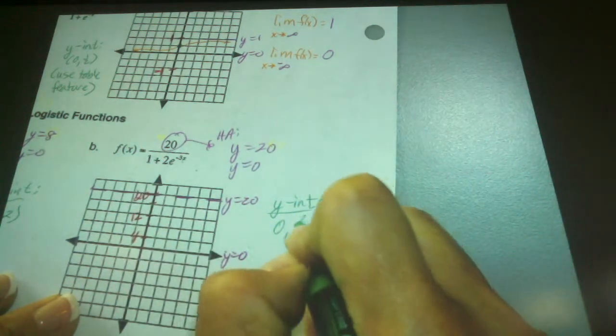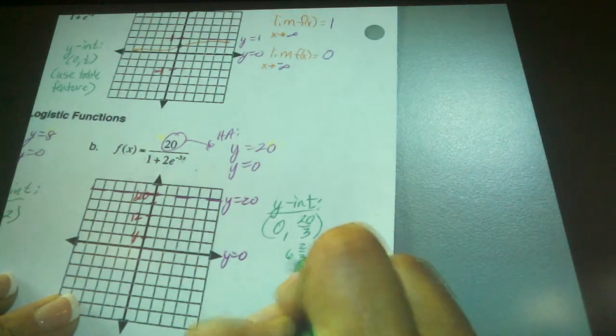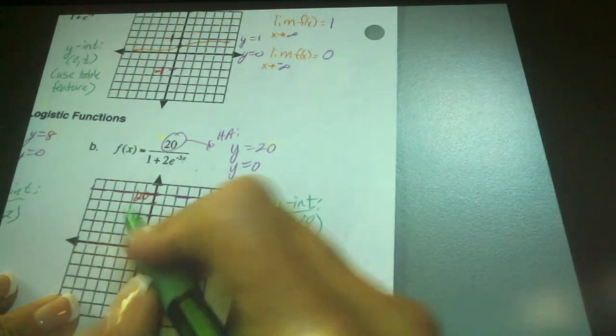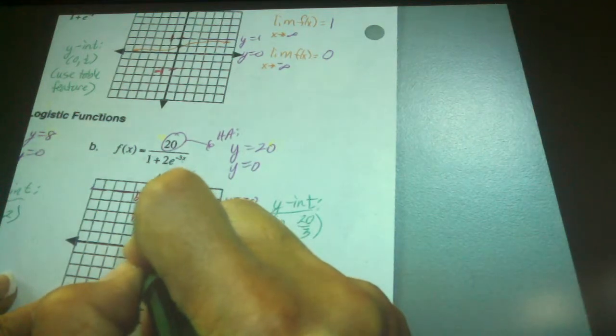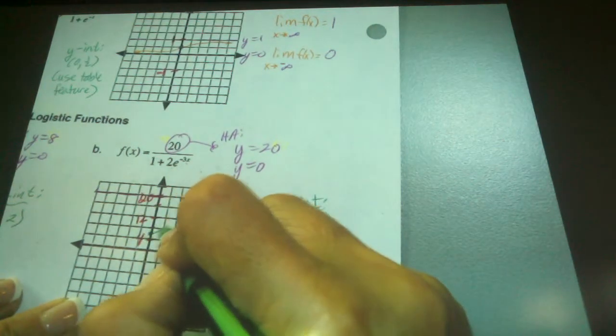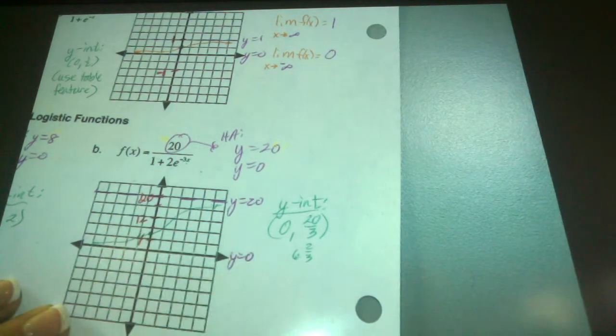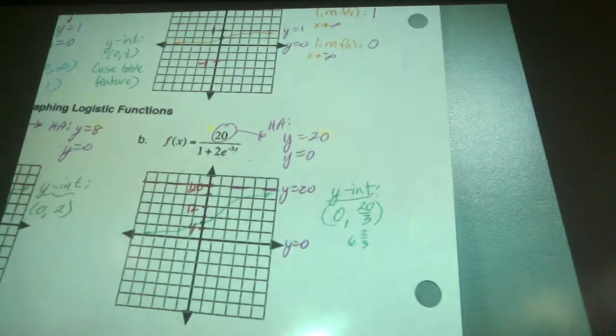Isn't it 0 and 20/3? Which is about 6 2/3. So plot a point at 6 2/3, which is right about here. And then approach your asymptotes. That was exciting. And so it still should look like that S curve. So you can do it without your calculator, quite easily.